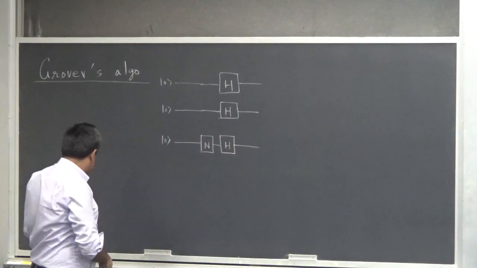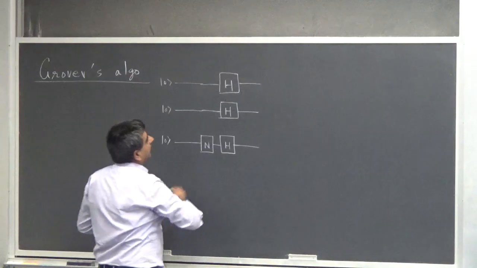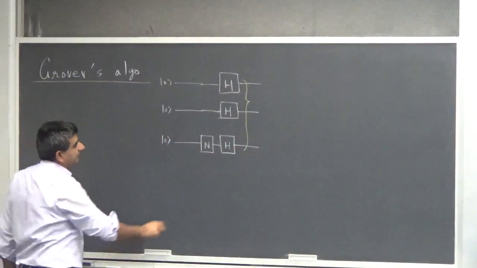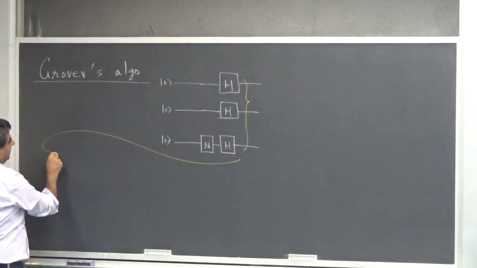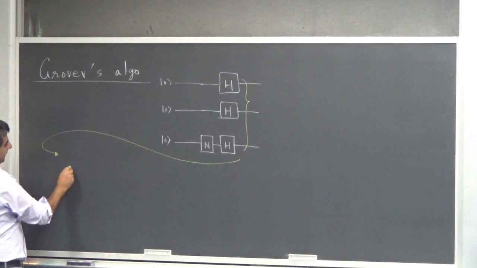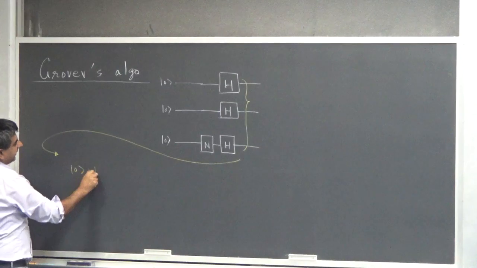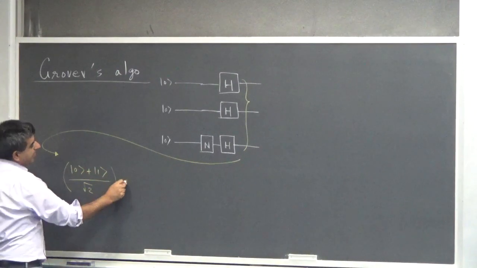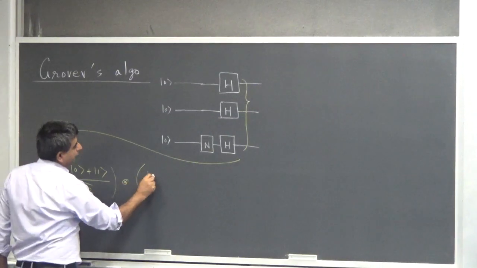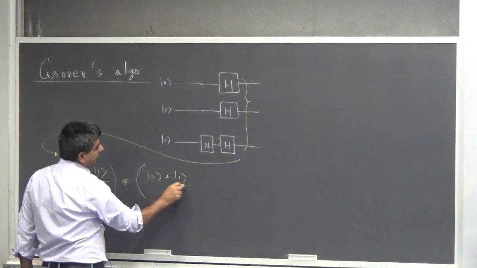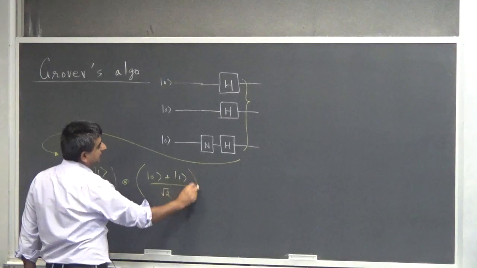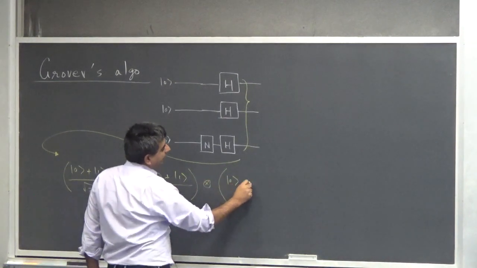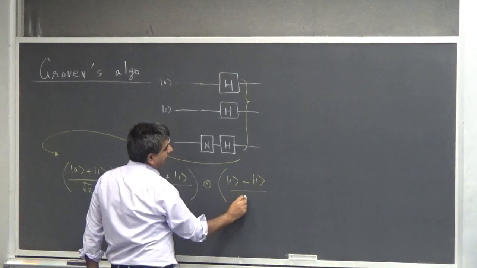At this stage, we do know that we will have a specific quantum state, and that quantum state will be given as ket 0 plus ket 1 over root 2 for the first qubit, ket 0 plus ket 1 over root 2 for the second qubit, and the ancillary qubit will be ket 0 minus ket 1 over root 2.